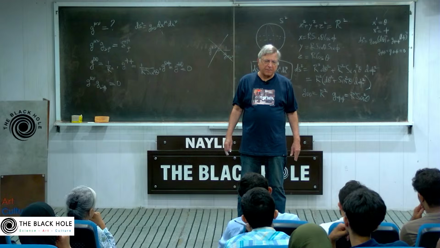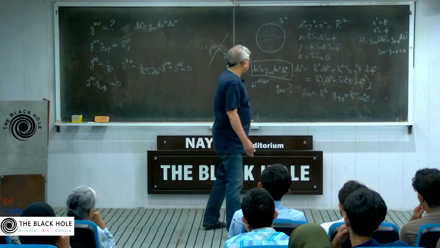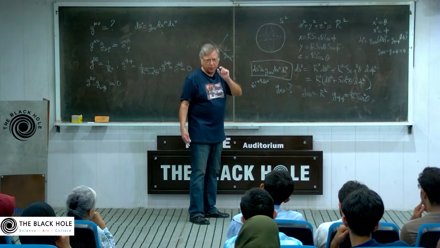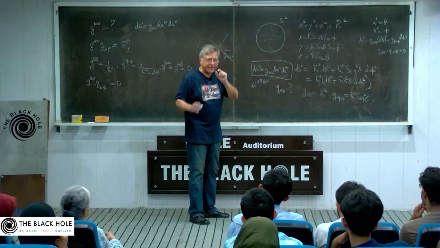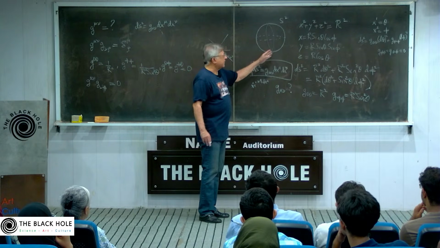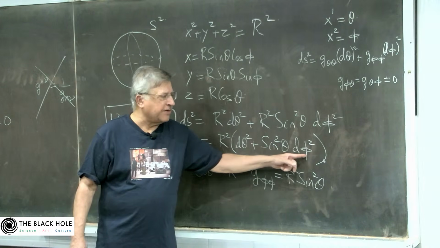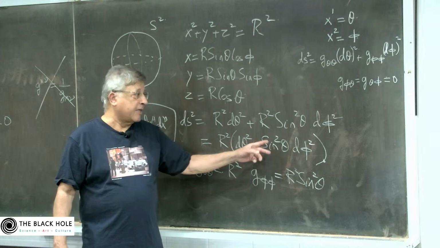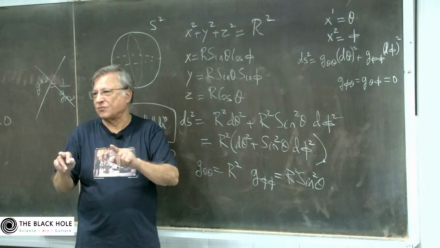So we will simply say that we know what the distance between 2 points on the manifold separated by a small distance is. In the case of the sphere, d theta is small, d phi is small. I didn't mean that theta is small. I meant that the difference in theta between the 2 points is small.